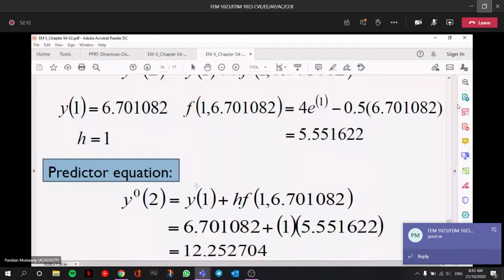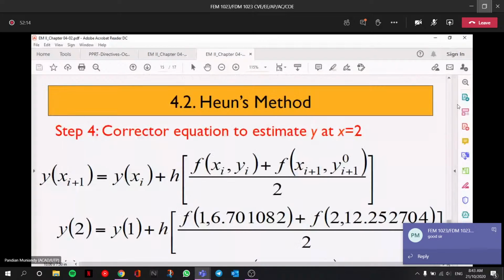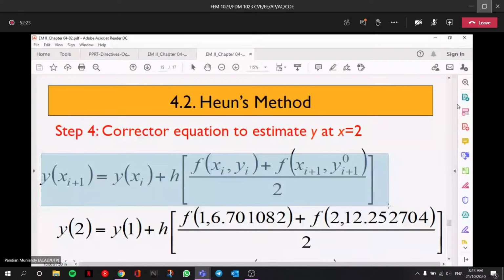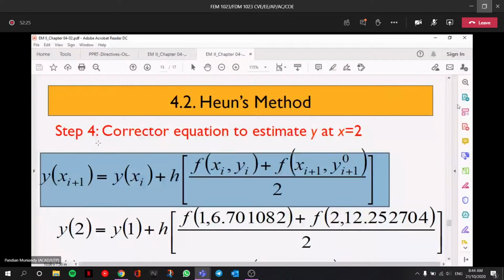Next one is the corrector at x equals 2. So we are using this formula. Don't use the previous formula. Use this formula: y at xi plus 1 equals y at xi plus h times f(xi, yi) plus f(xi plus 1, y naught i plus 1) divided by 2.